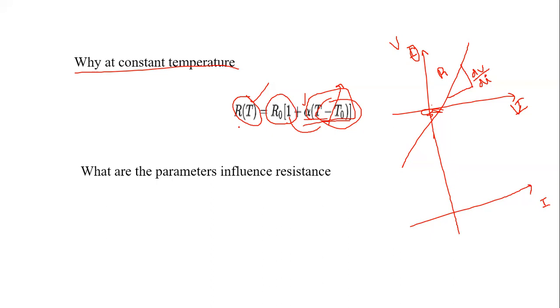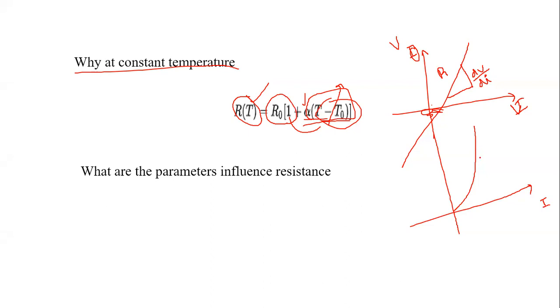Whenever the resistance changes, in V is equal to IR, I is variable and R is variable. So definitely the characteristics are not linear, they are non-linear in nature. It is not a straight line, it deviates from the straight line. That's what we will see in the filament lamp.